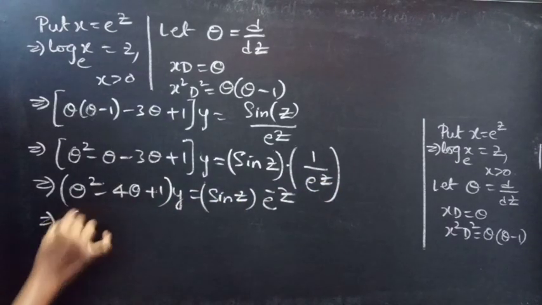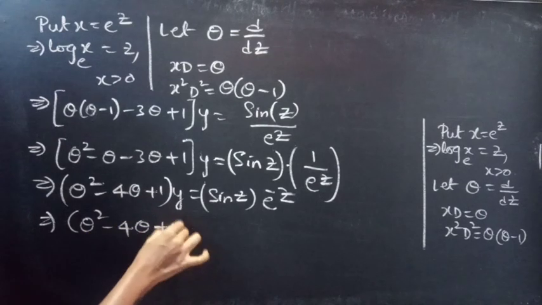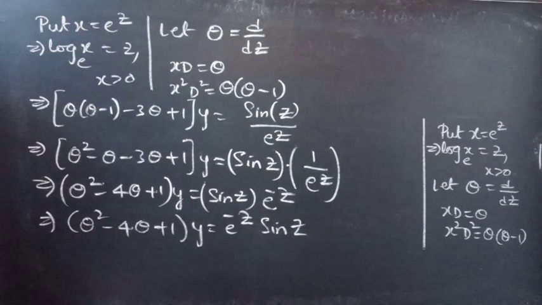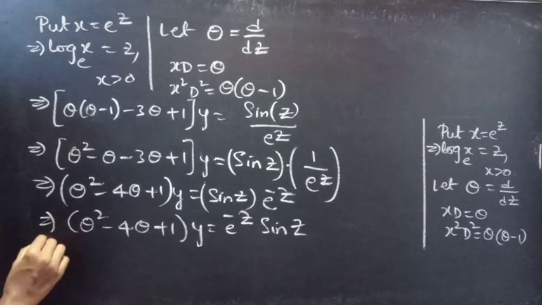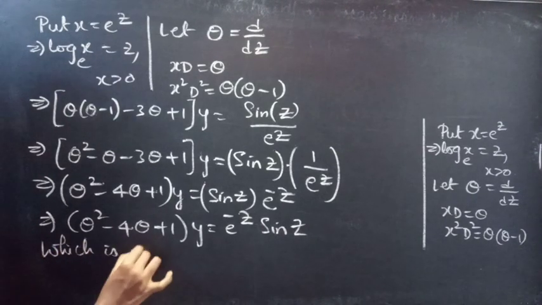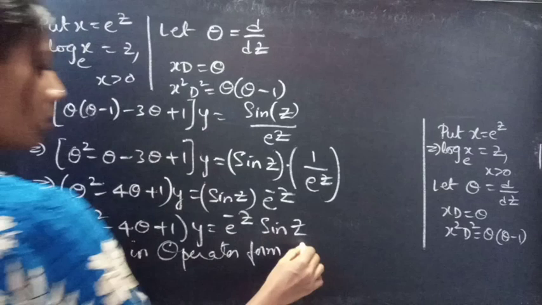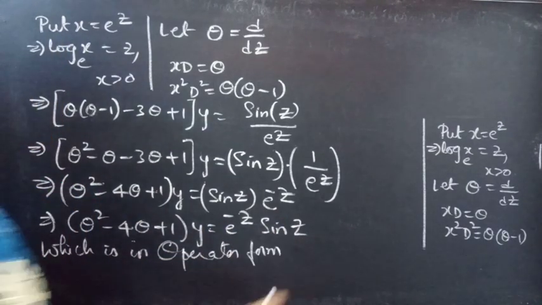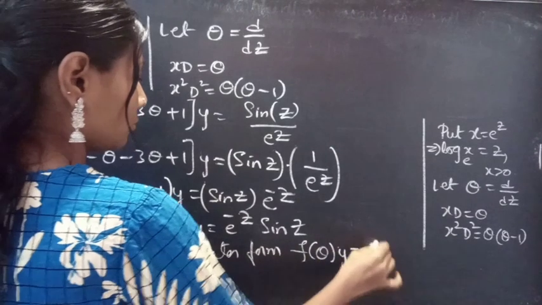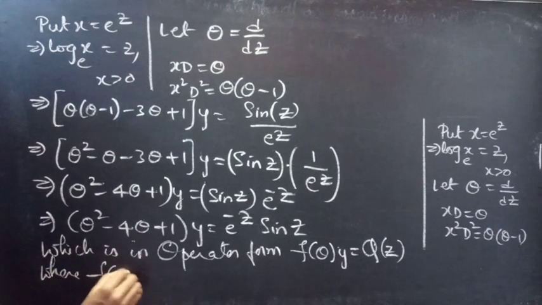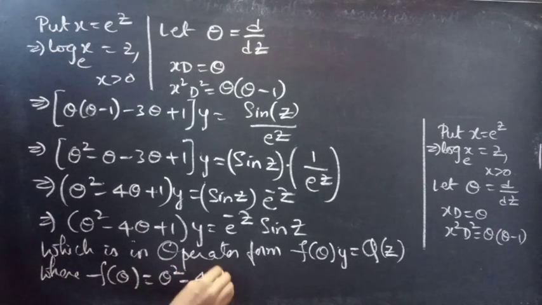Or we can write it as theta square minus 4 theta plus 1 into y equals to e power minus z into sine z, which is a higher order differential equation with constant coefficients, and also this is in operator form, F of theta into y equals to some function of z, where f of theta equals to theta square minus 4 theta plus 1.